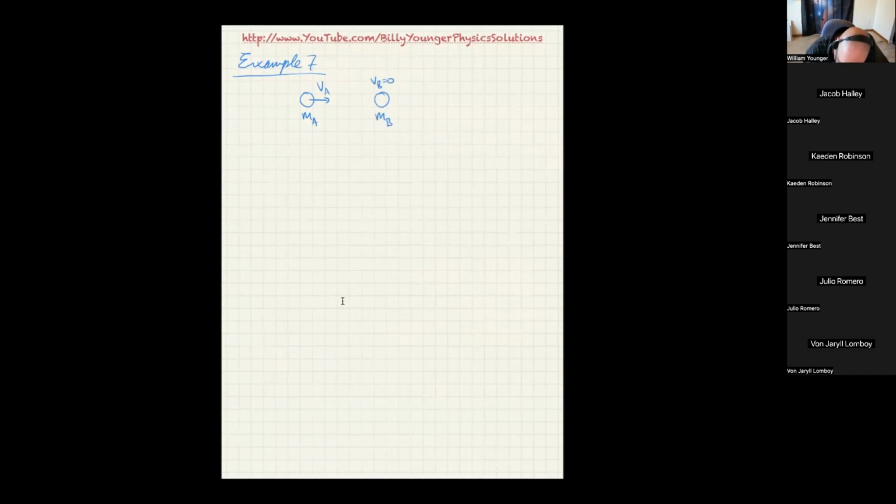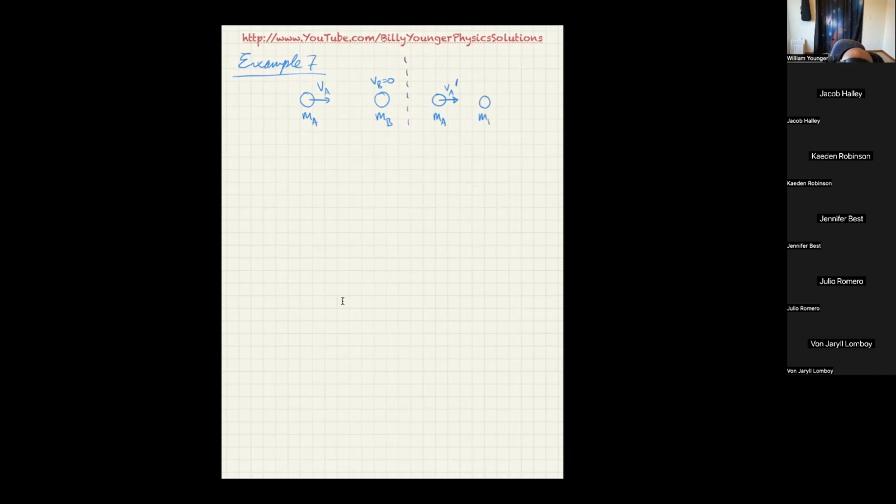What's going to happen after the collision is that we're going to have MA moving with a velocity VA prime. And I'm just going to draw everything like it's going to the right. We don't really know what's going to happen, but that's going to be VA prime.